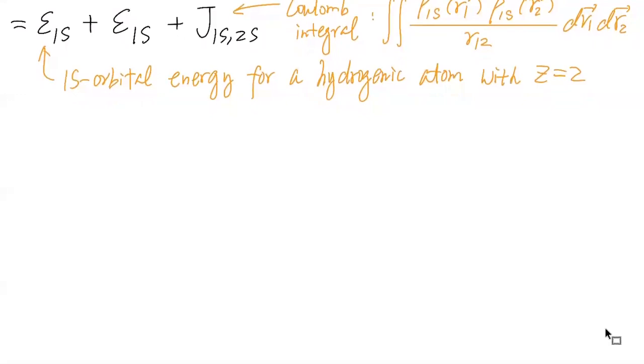And of course, in this lecture, we haven't considered the variational optimization of the wave function, right? So if you just evaluate the value of epsilon 1s and J1s, 2s using the nuclear charge 2, you will not get a very good energy. But qualitatively, it's fine. Quantitatively, you have to consider variational optimization of the wave function.